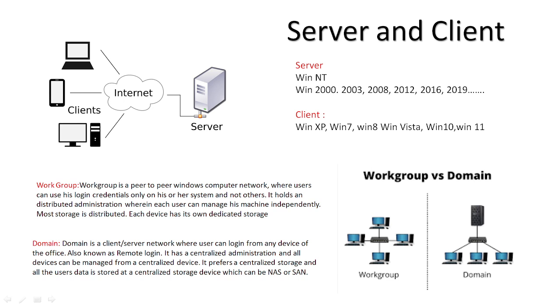Now I would like to explain what we mean by workgroup. You can see two pictures on the right side. One is for workgroup, and the other is for domain. In the workgroup image, there is a peer-to-peer connection between the computers.